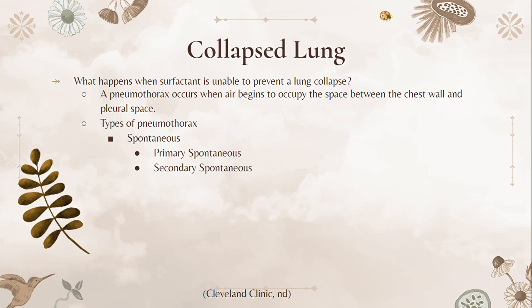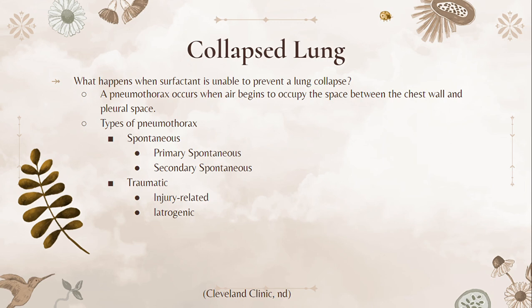Secondary spontaneous pneumothoraxes can happen after a lung disease. So a bulla that bursts can cause a secondary spontaneous pneumothorax. We also have traumatic pneumothoraxes, and this can either be injury related or iatrogenic. An injury-related pneumothorax could be from a stab wound that punctures the pleural space. It can happen when a rib is fractured and punctures.